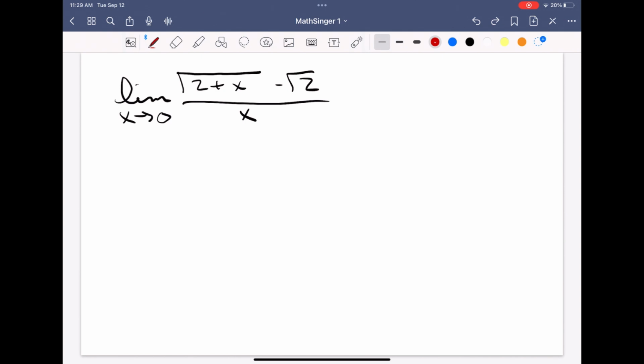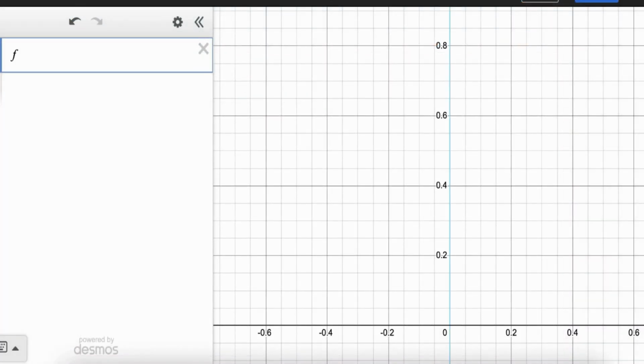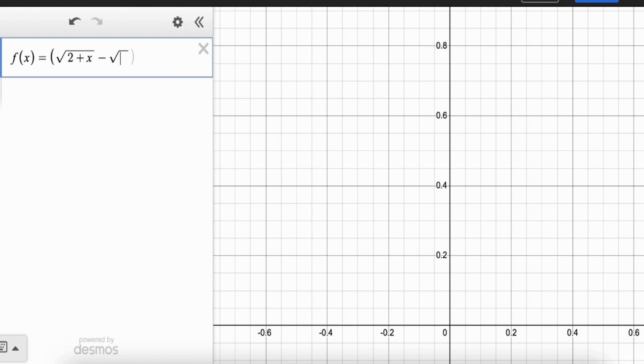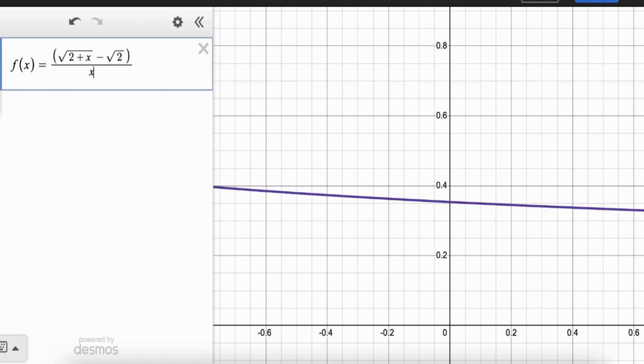And we can look at this graphically by first examining the graph of the function square root of 2 plus x minus the square root of 2, all divided by x.